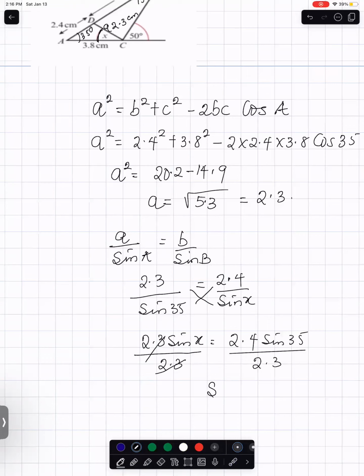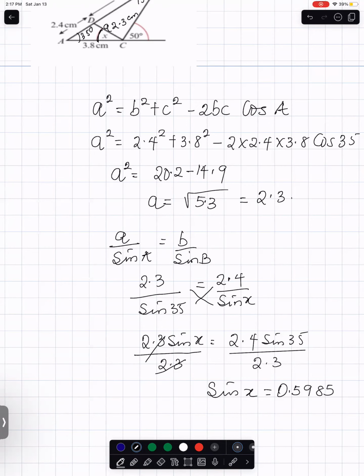So sine x is 2.4 sine 35 divided by 2.3. So we have sine x as 0.5985.